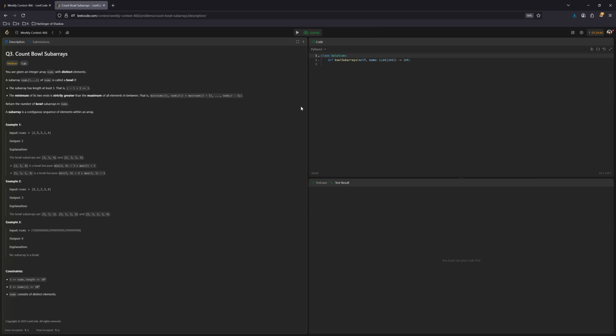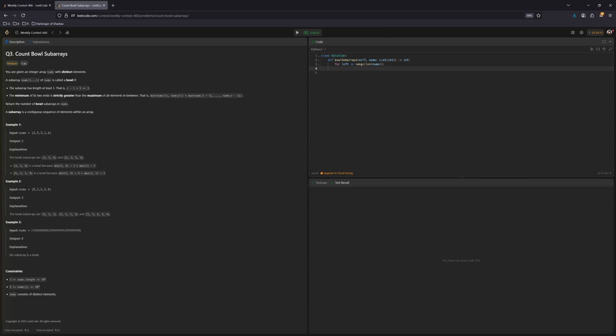Okay, it's 10 to the 5th, so I'm not going to be able to do... Let's just try to brute force it and see if... So we're going to say for left in range length nums, and then... I can't do it like that. If I do it like that, then it's going to be n squared and it's going to time out.